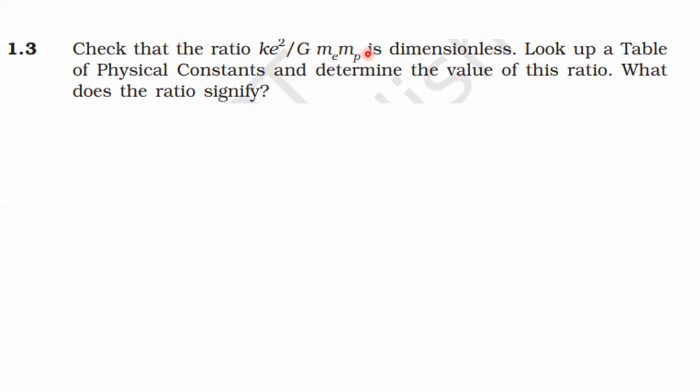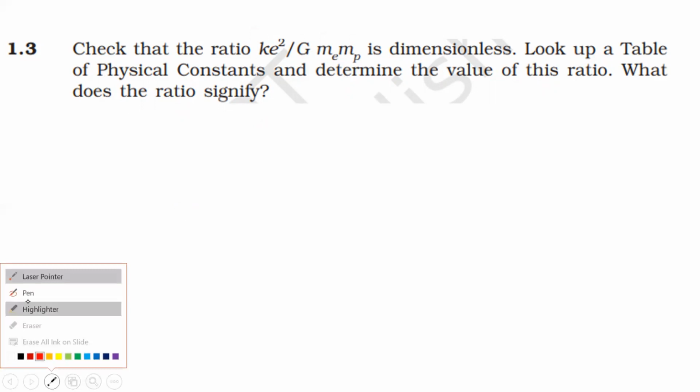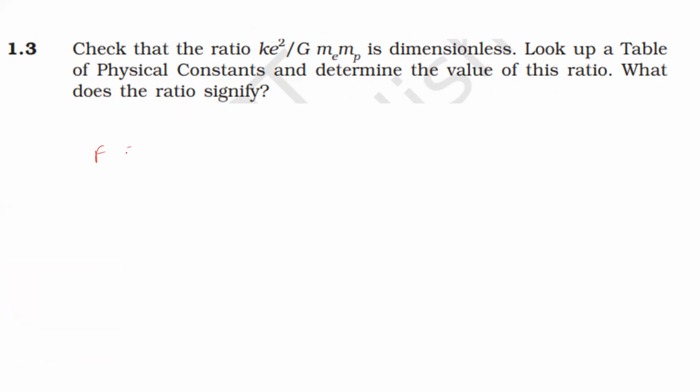Now we know the force between the charges as F is equal to K into Q1, which we take as e, and Q2 taken as e, the charge of electron and the charge of proton. Charge of electron into charge of proton divided by r square. That means F into r square is equal to K into e square. Let us take this as equation 1.